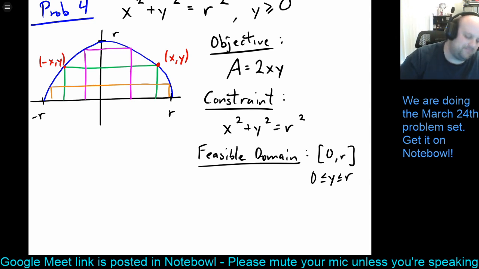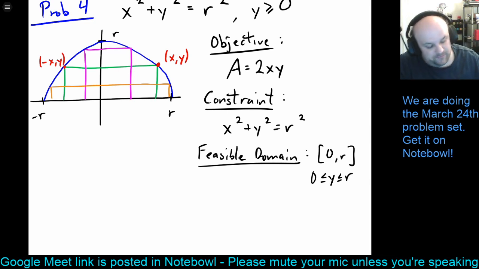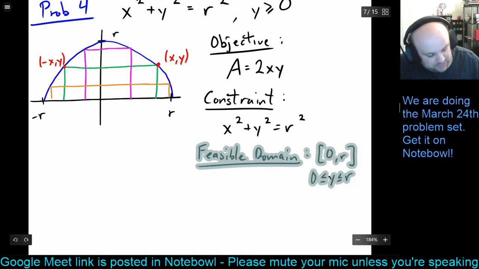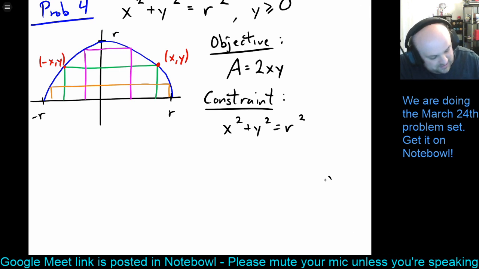I jumped the gun a little bit because I wanted to get this out before I forgot. But it's a good idea to cut your objective function down to one variable first, and then get your feasible domain. So let me scrap this for now, because there's a better feasible domain than this.